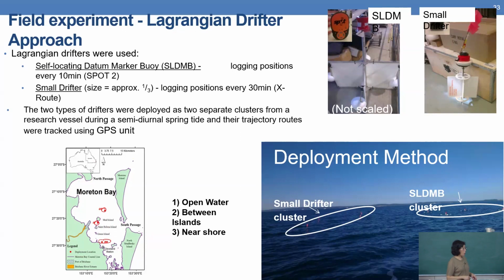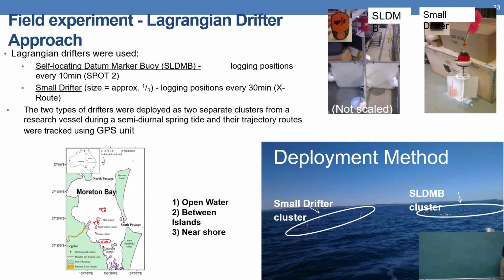We are trying to see how the dispersion coefficient changes in these different areas, whereas before we used a constant over the whole domain. So we designed the experiment for that. Then we throw the drifters in those areas and track them, because each of the drifters has GPS.